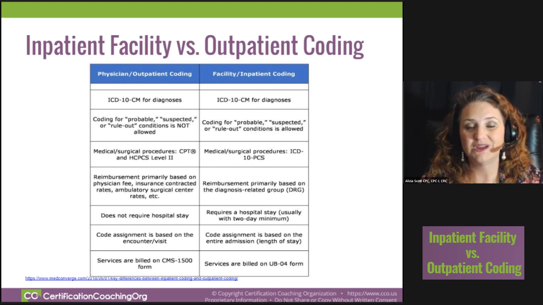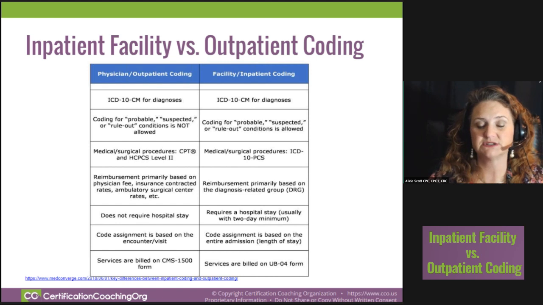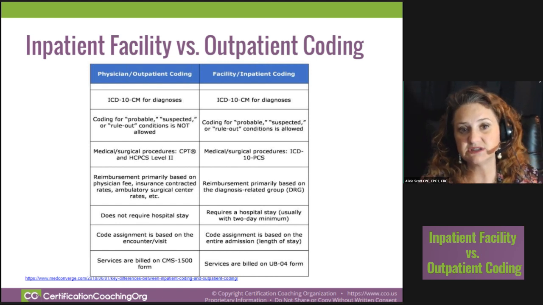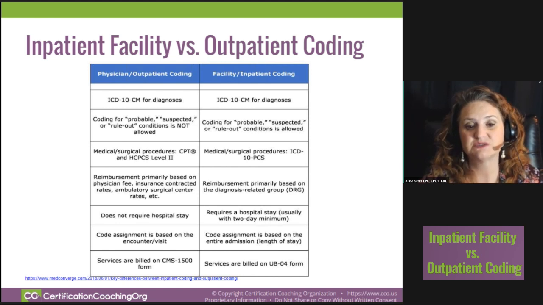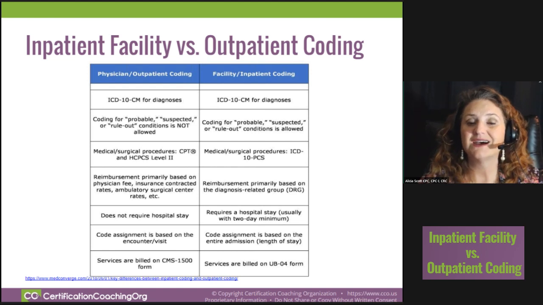In addition, with outpatient, we use CPT and HCPCS codes. Now, HCPCS codes are used for Medicare patients, but CPT is the procedure codes, and that's what our reimbursement is based on via outpatient, because it's what the provider does to the patient due to the diagnosis.